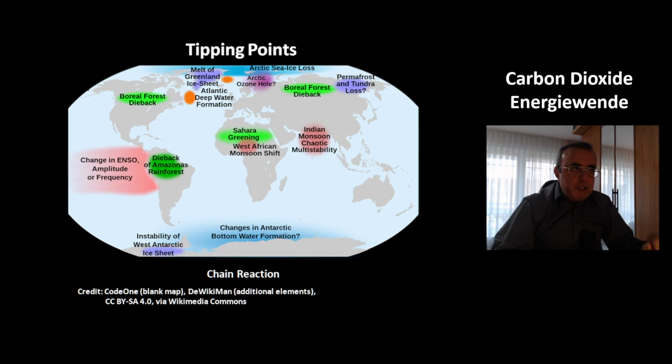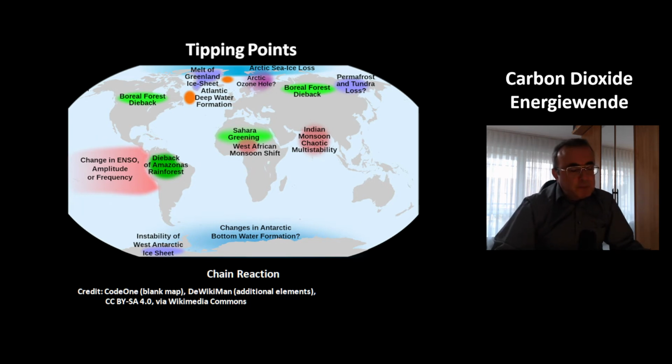This is another big danger. This is called tipping points. We are very close to some of these tipping points. This means if one of these events occurs, this could tip the balance in nature and could initiate more tipping points.